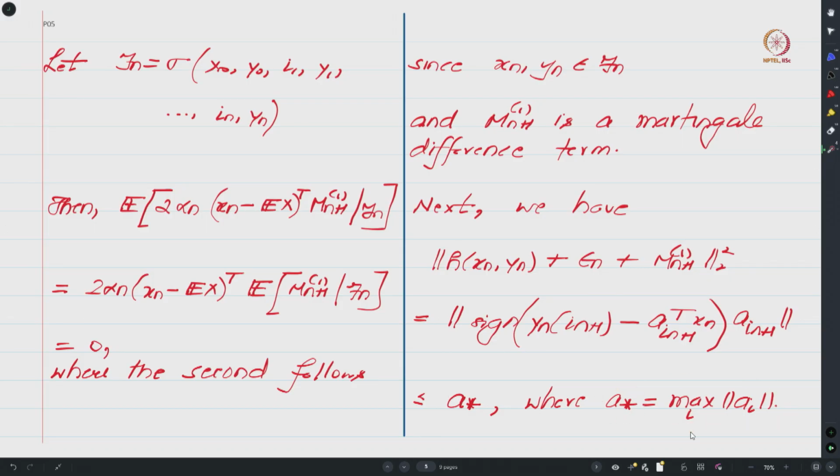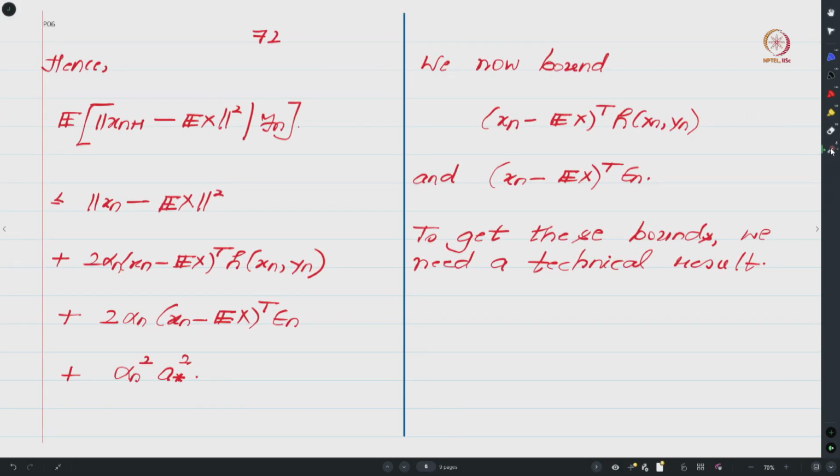So we had done something like this. From this perspective I should maybe put a square here, sorry about that. So this square is actually A star square, and I should have a square here as well.